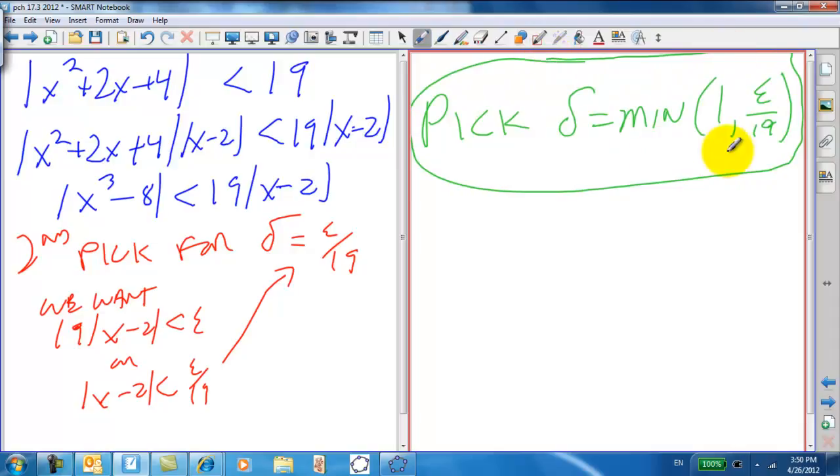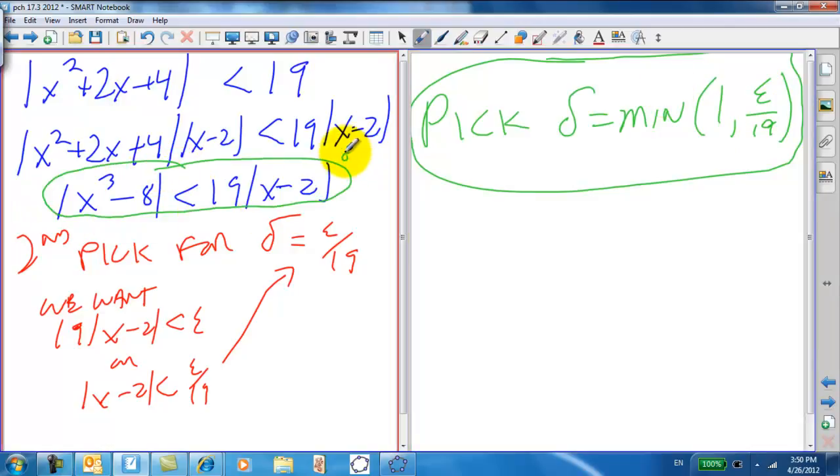This is going to work in general. So if someone gives you an epsilon that's really big, like 100, you're just going to pick your delta to be 1. If someone gives you an epsilon that's really small, like 0.03, then you can use this, 0.03 divided by 19 for your delta. And that'll guarantee that both these inequalities hold. This inequality comes from delta equals 1.